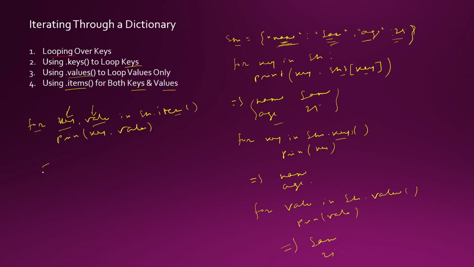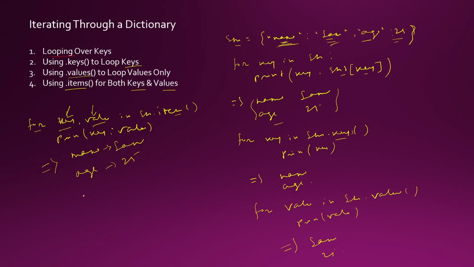Once I print, it will give me the output as name Sam, age 25. If you want any colon or any symbol here, you can put it over here.